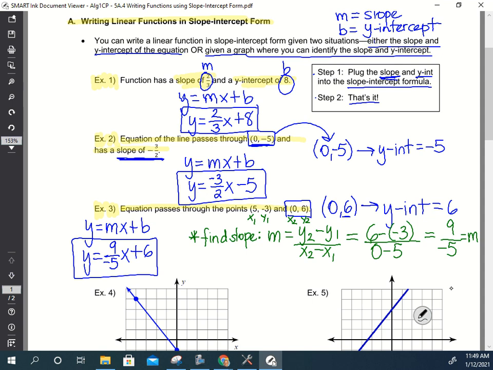While I'm taking care of that, in example 1, the slope and the y-intercept were given to you. For example 2, the slope was given, and the y-intercept you had to figure out.